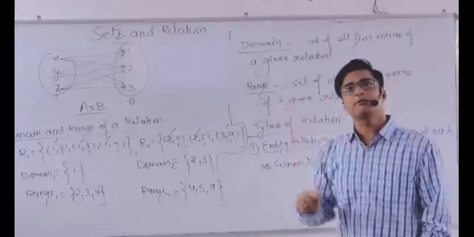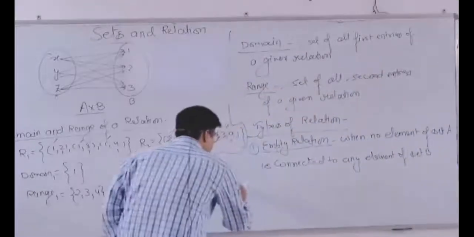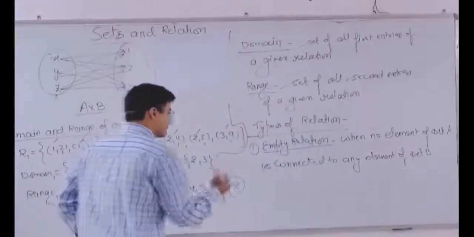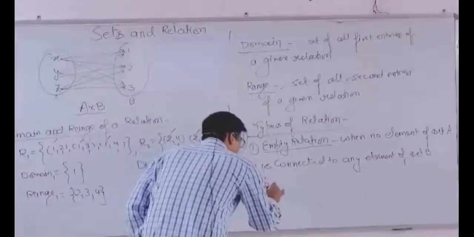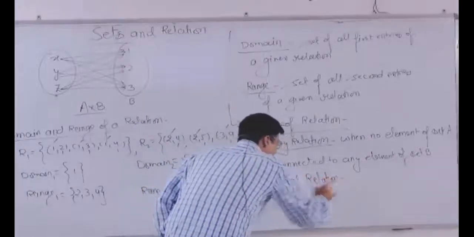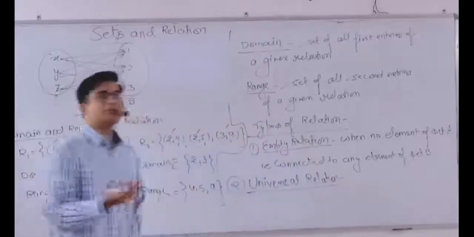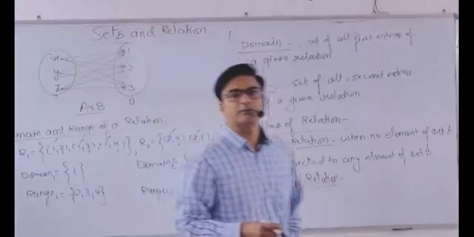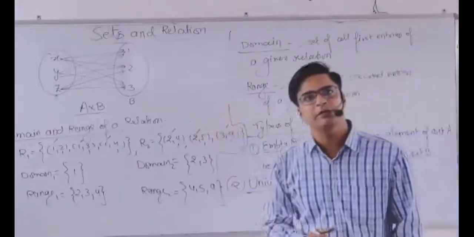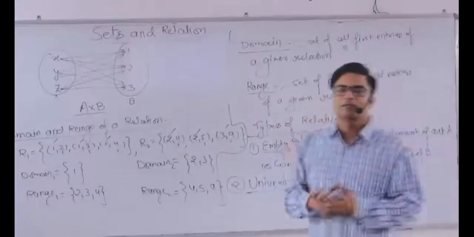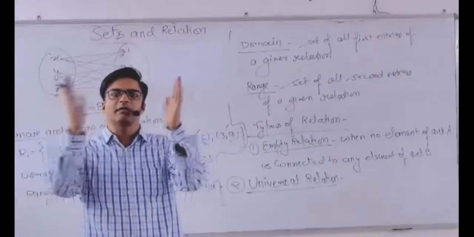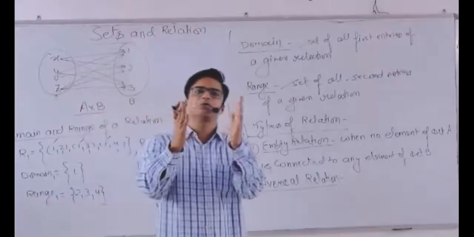The other improper subset is when we take all the elements. That relation is called universal relation. Universal relation, what does it mean? That means each and every element of set A is connected to each and every element of set B. Let's say in our class, all these students, first entry and second entry, I am connecting with the property that these are students of KVC.